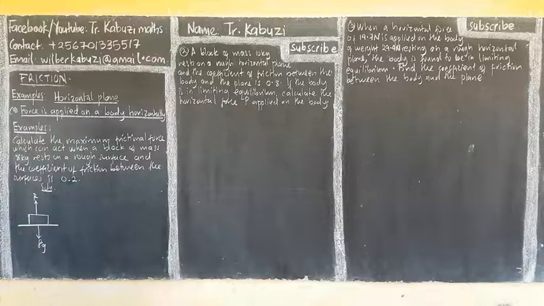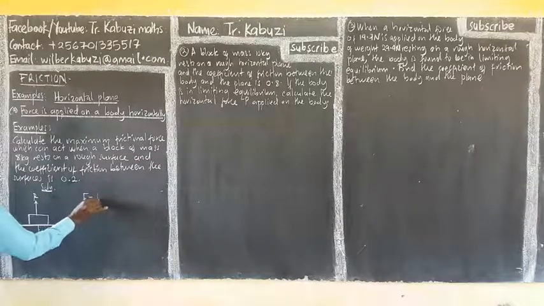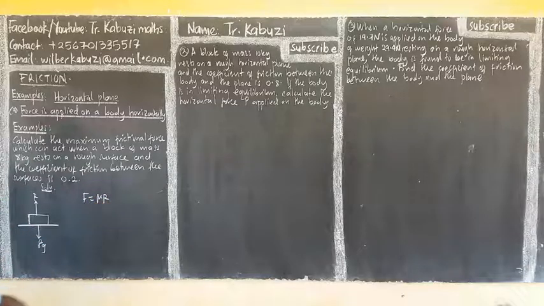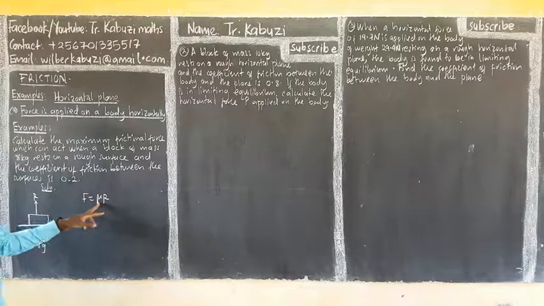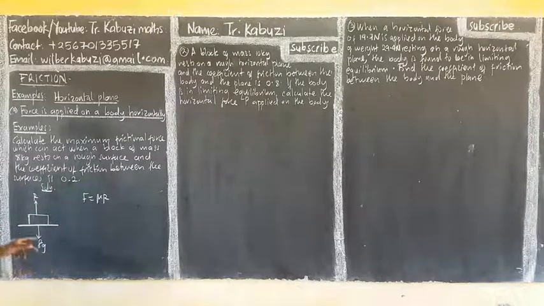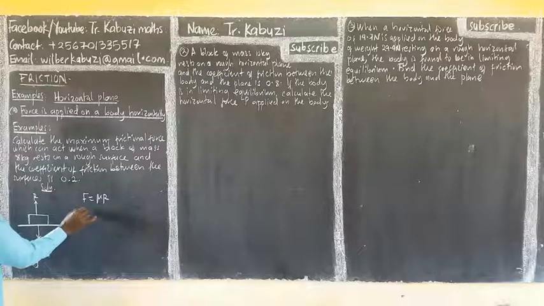Now they're asking for the maximum friction. So our maximum friction which can act is F at maximum friction. This one is the coefficient of friction and this one is the resultant. So from here R is going to be 8g, because here the body is not moving upwards, so it is in equilibrium.